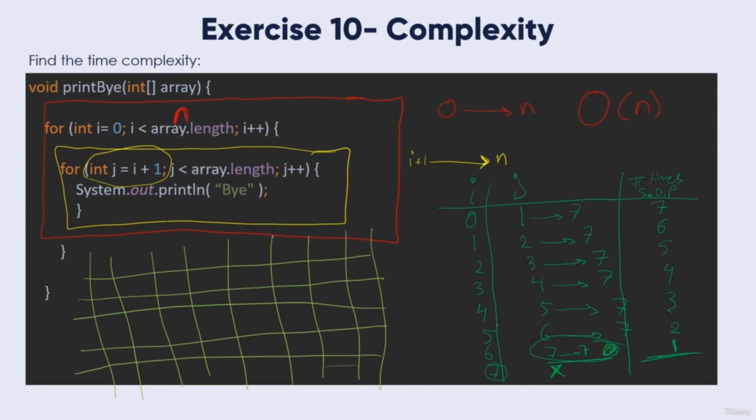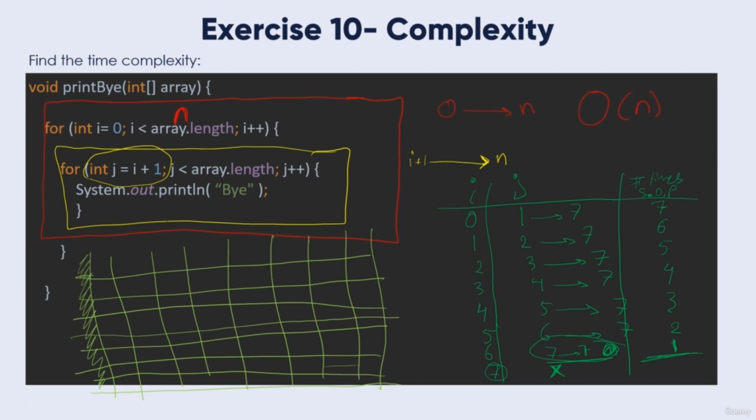We have 8 columns and 8 rows: 1, 2, 3, 4, 5, 6, 7, and 8. Sorry. So we will start from here. If we have n squared, we are going to go through all of these digits.